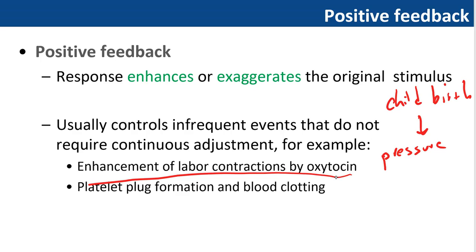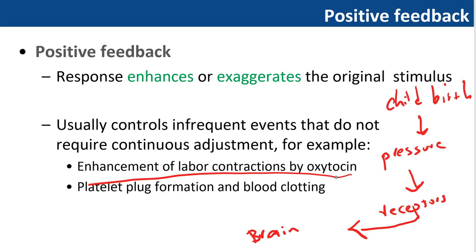Then this pressure, which is our stimulus, is going to inform the receptors. The sensory receptors are going to send the information to the control center, which is our brain, one of the nervous system organs.